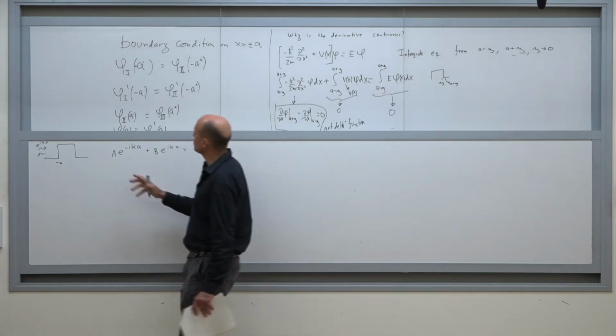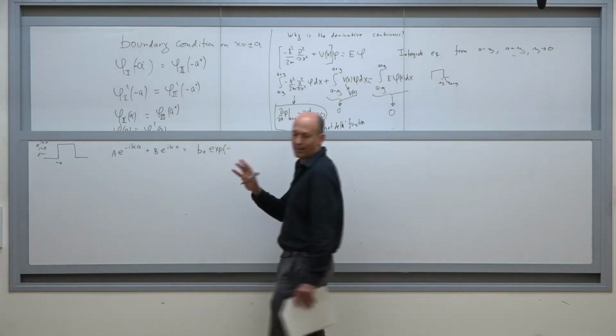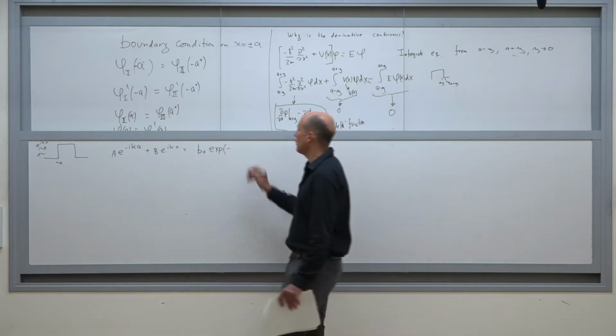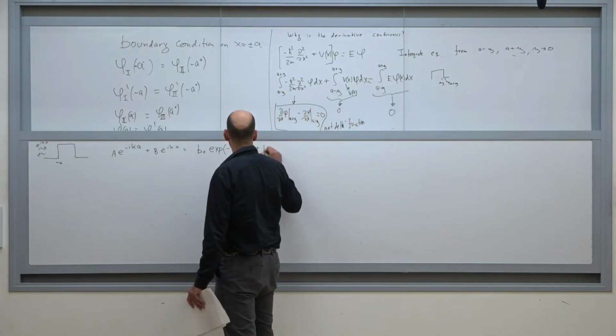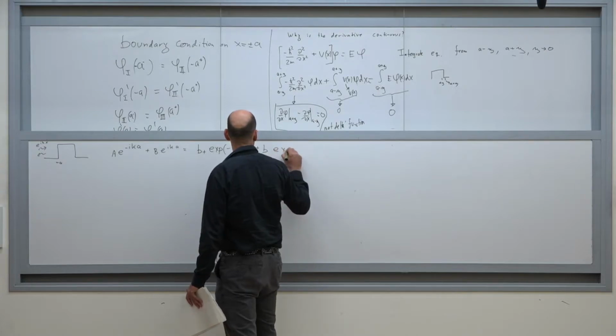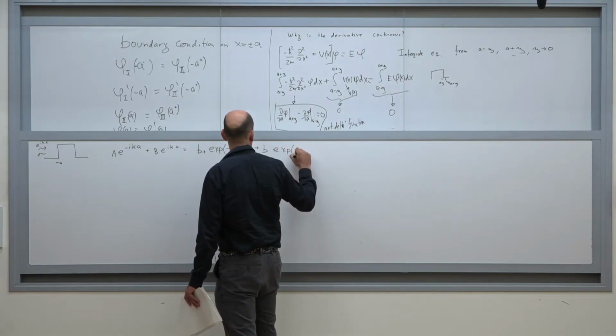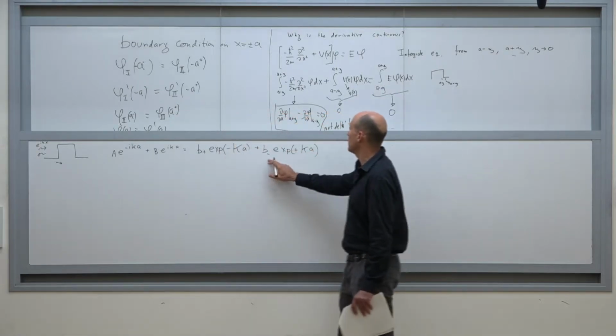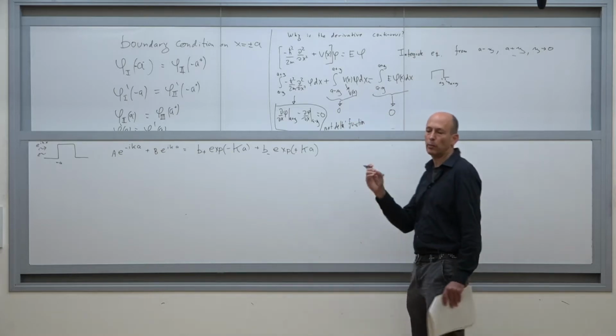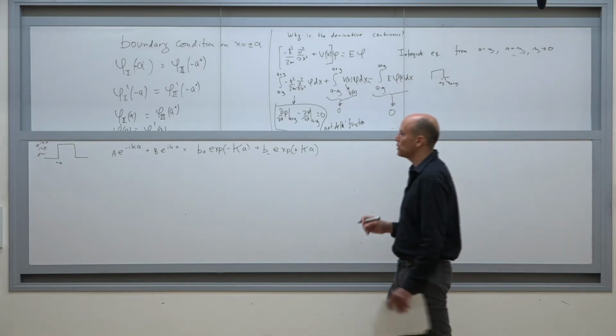I had kappa times x, so now I have minus kappa times A, plus B minus exponential plus kappa A. So just notice that the B plus goes with the minus and the B minus goes with the plus, because I'm working at point x equal minus A.